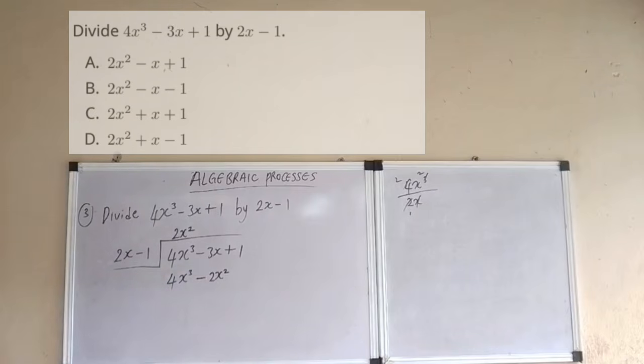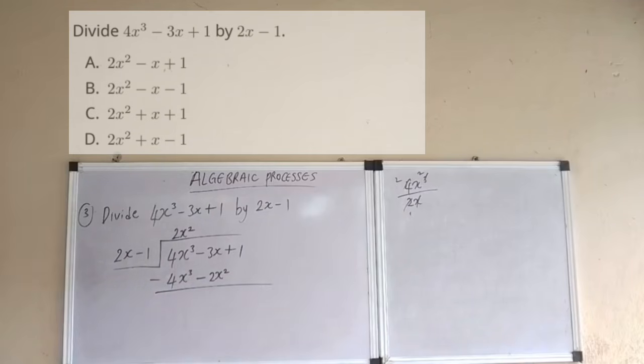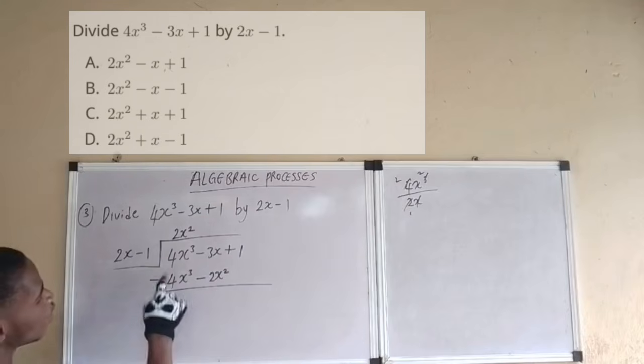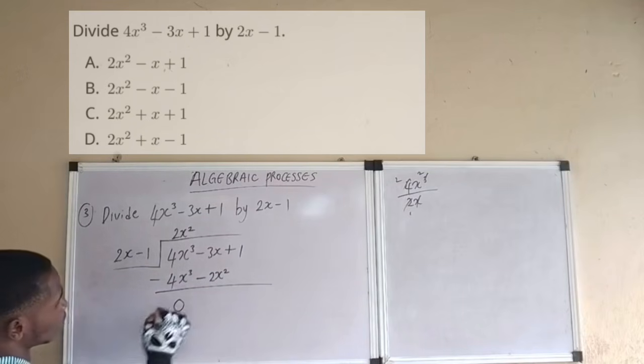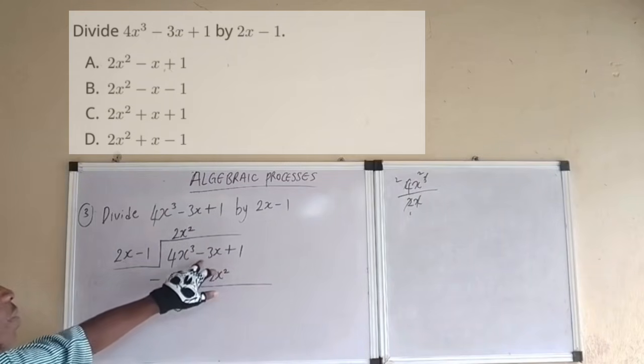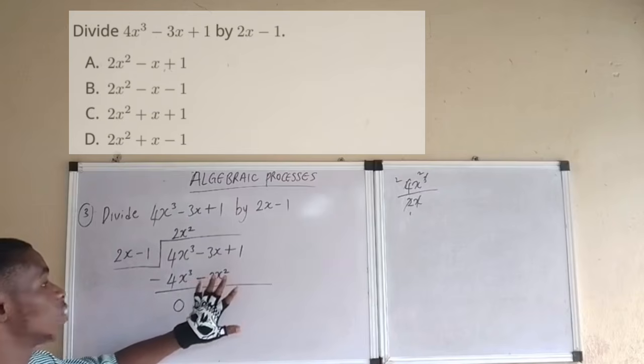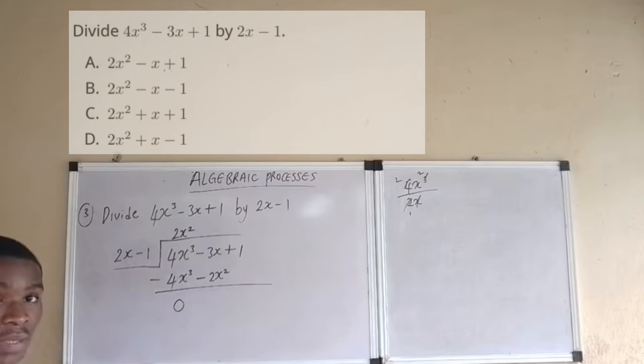Do you understand? Now, what do you do next? You subtract these two values. Now, 4x cubed minus 4x cubed is going to give us 0. We cannot subtract minus 2x squared from minus 3x because they do not have the same coefficient. Numbers that do not have the same coefficient cannot subtract or add themselves.